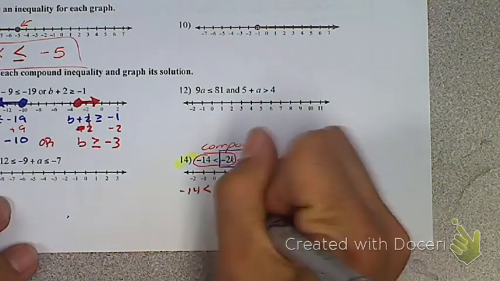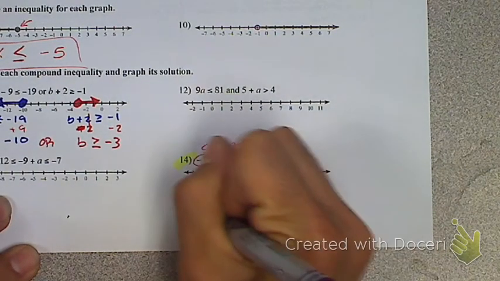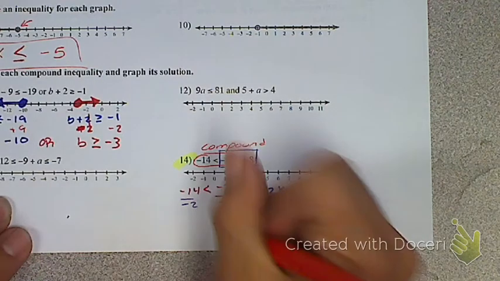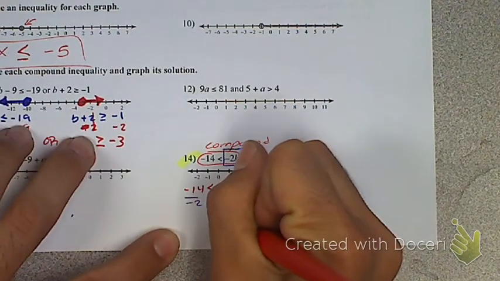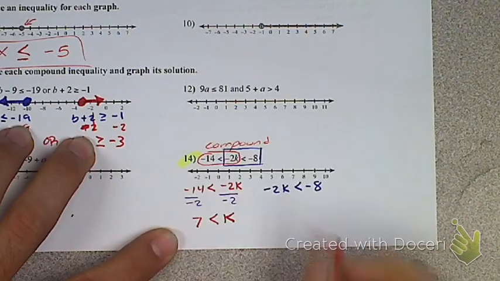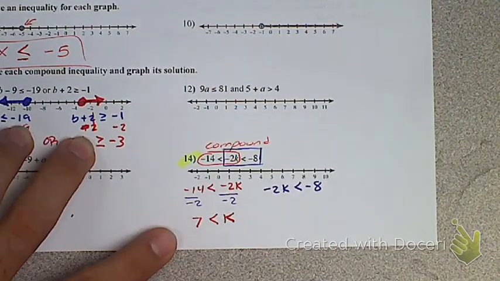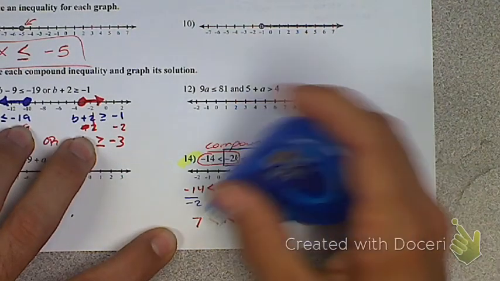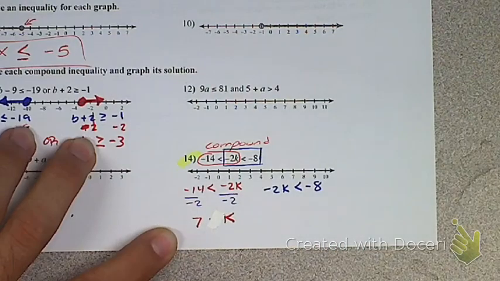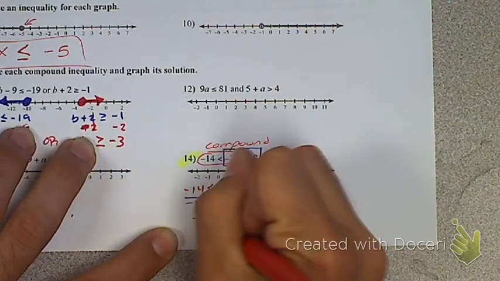Solve the first one by dividing by negative 2. That is k is greater than 7. But wait, I made a mistake, because I divided by a negative, right? Which means my sign should flip. So this should say k is less than 7.